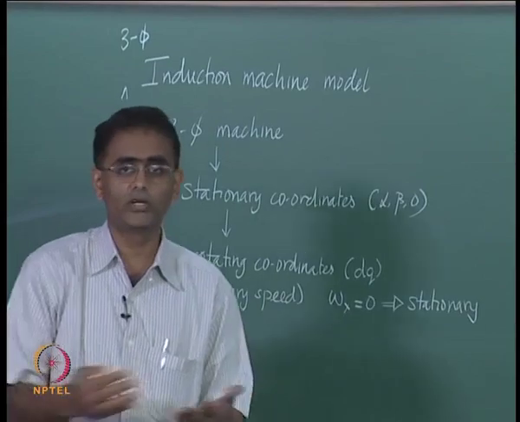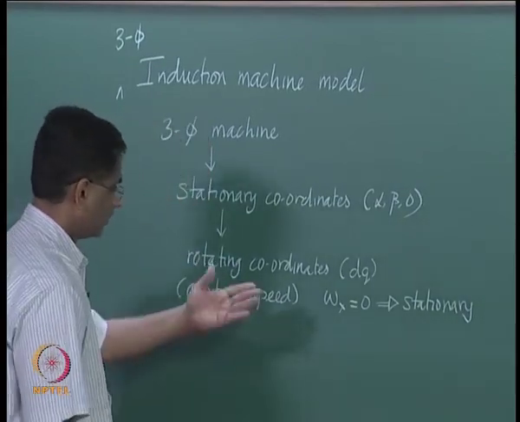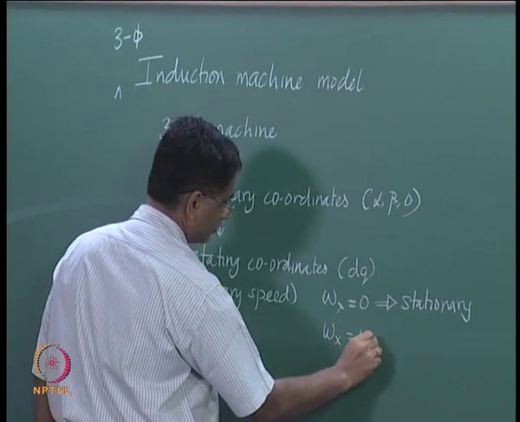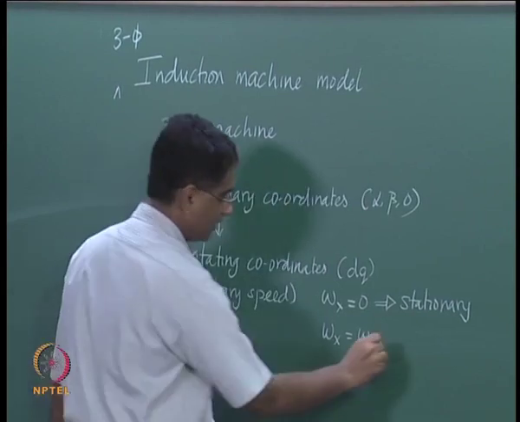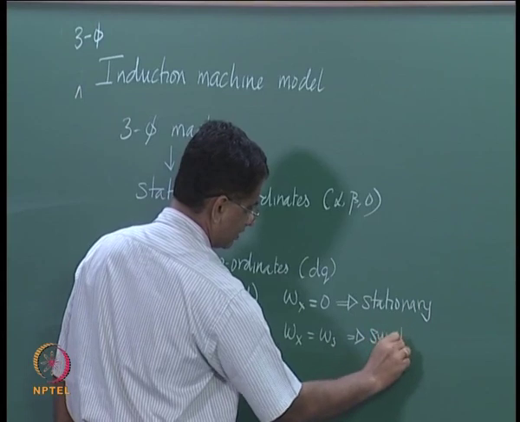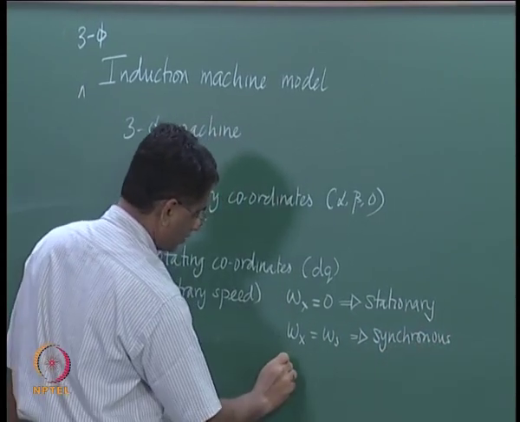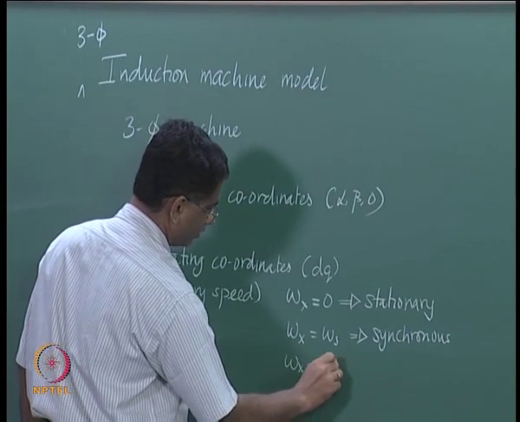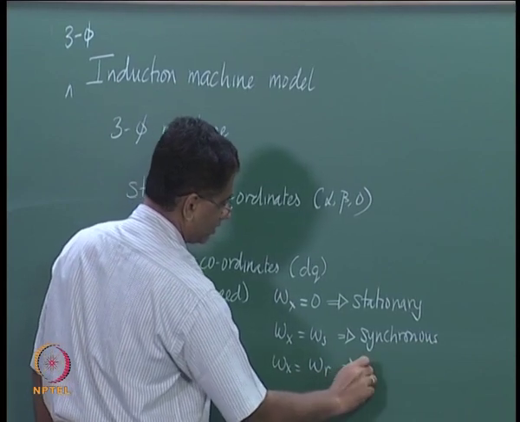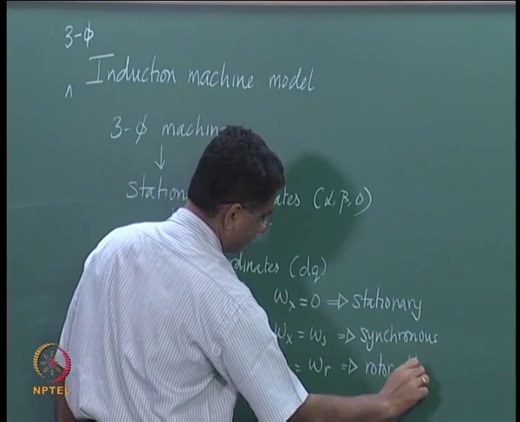If the speed is 0, that means that the frame does not rotate, it is fixed, and therefore it is a stationary frame. We could fix omega x equal to omega s, that is the synchronous speed, in which case it becomes the synchronous reference frame, or we could have omega x equal to omega r, that is the rotor speed, in which case it would be a rotor attached frame of reference.